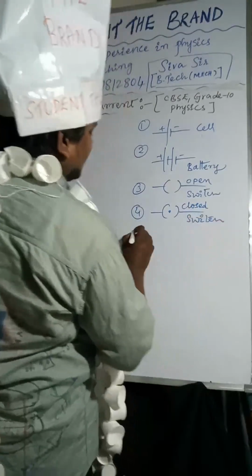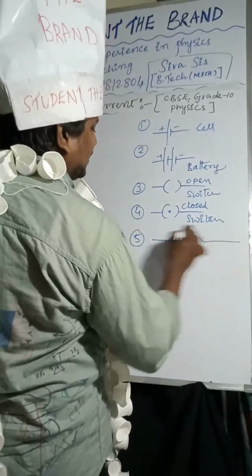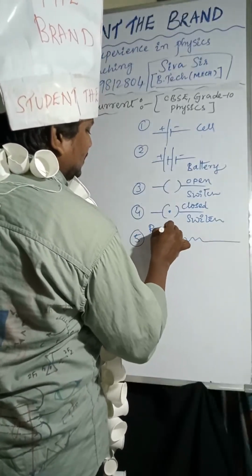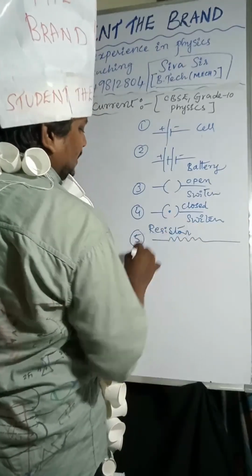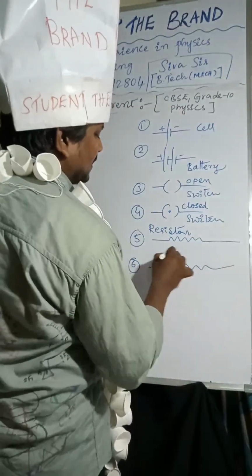Fifth one, resistor. Sixth one, rheostat.